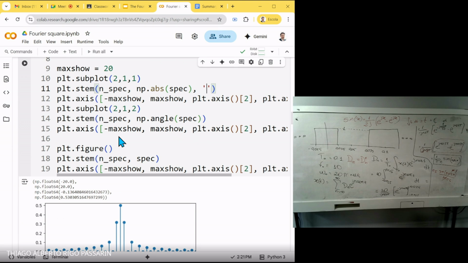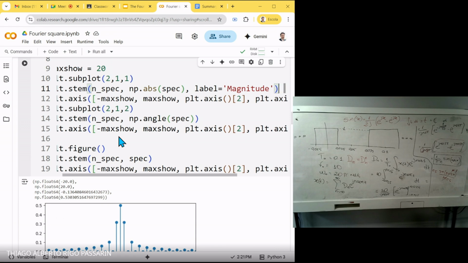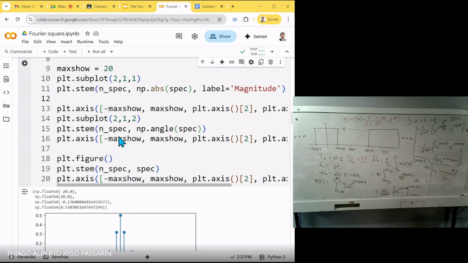Stem label equal to magnitude, and then plt dot legend, and here the same label. Actually, we should do this.